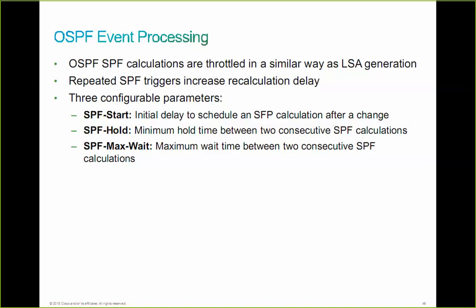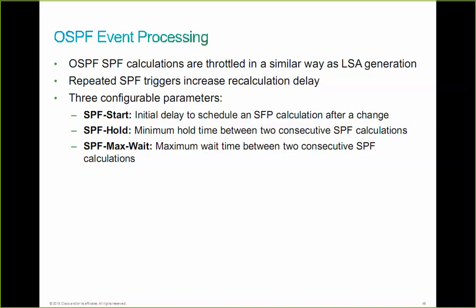All right? You can see already that this is similar, but not exactly what we saw with the LSA propagation timers, what we call the LSA throttling timers. 5 seconds is the same, right? For an SPF hold timer, 5 seconds is the same. 5 seconds is 5,000 milliseconds. I don't know why they define it as 5 seconds. Why not define it as 5,000 milliseconds?